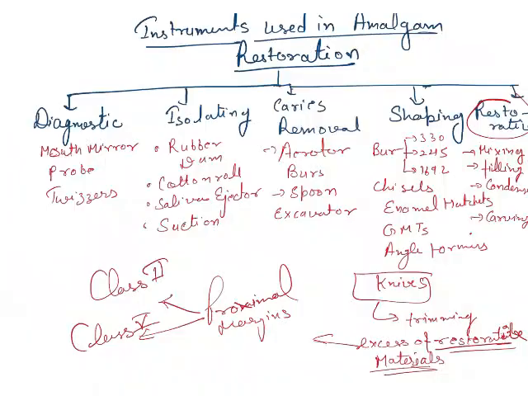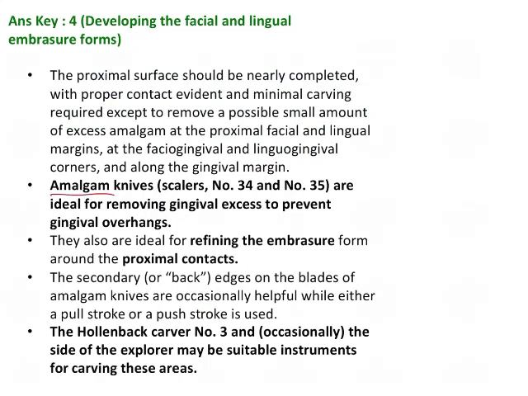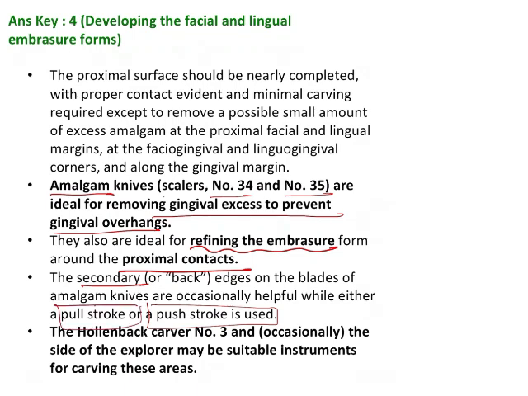Walking through the explanation quickly, amalgam knives, we call these number 34 and number 35, and these are ideal for removing gingival excess to prevent gingival overhangs. They are also ideal for refining the embrasure form around the proximal contacts. The secondary edges can be used with push stroke as well as pull stroke, and they are occasionally helpful when you are doing these stroke movements.